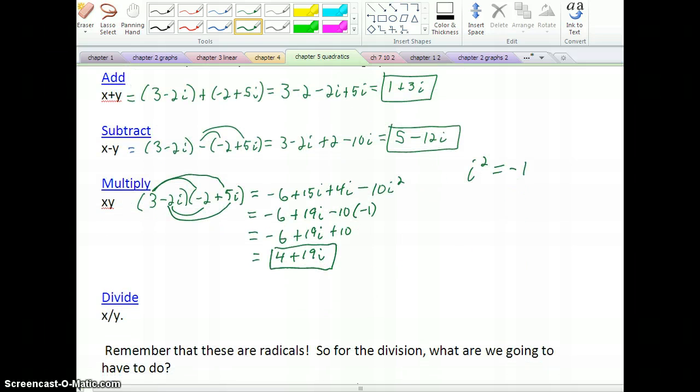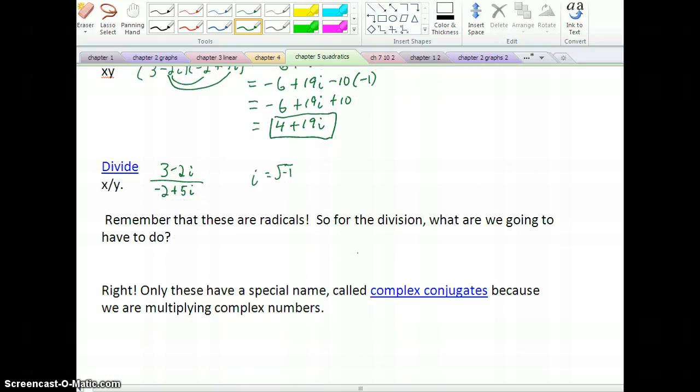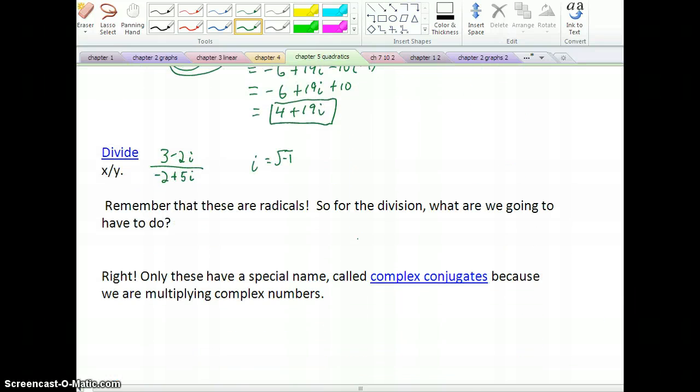Now division is a little bit more complicated in the fact that we have to remember what we're dealing with. So what is i? Well, i is the square root of negative 1. And as we talked about yesterday when we were reducing expressions with radicals, we don't like to keep square roots in the denominator. So the reason why we have to do something special for division here is because this expression is not considered simplified because it has a square root in a denominator.